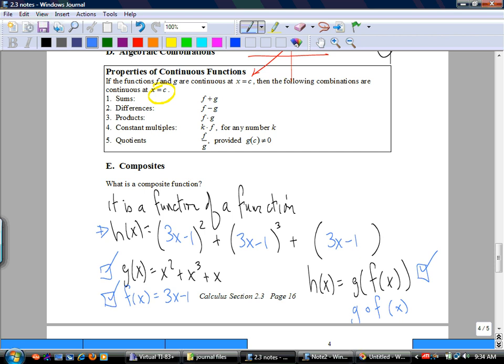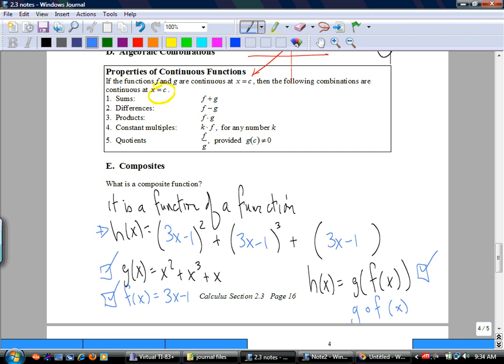Because you can get overwhelmed by looking at a really tough formula. But if you step back and see one function and a function inside of that, if I split it into those two and look at them separately, then it's easy to tell. Because if one part is continuous and the other part is continuous, when you make a composite, they're continuous.